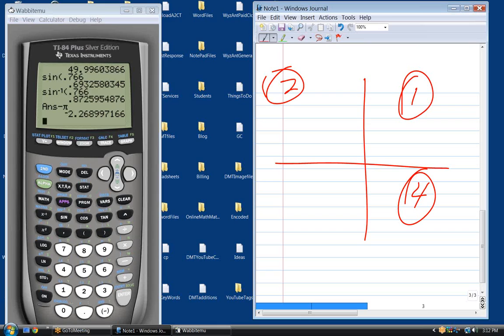So you will never come up with the second quadrant and third quadrant angles on your calculator. You have to figure those out manually. And it's easy enough to do. The second quadrant angle is supplementary to the first quadrant angle, and same with the third and fourth. Yeah. Okay.